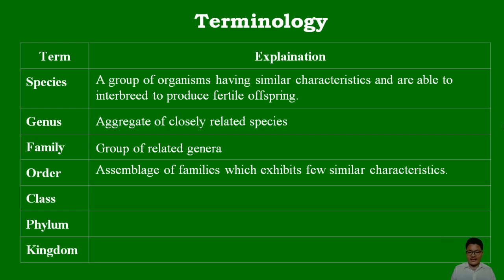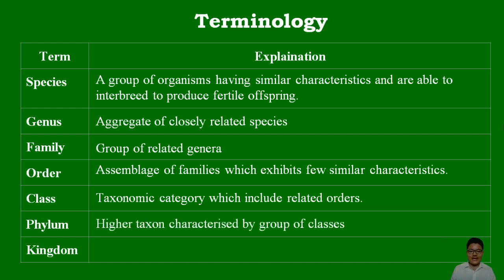So order is an assemblage of families which exhibit few similar characteristics. Now class is one of the taxonomic categories which includes related orders. Many orders are grouped together and we group them under class.